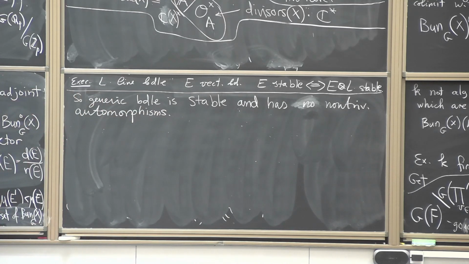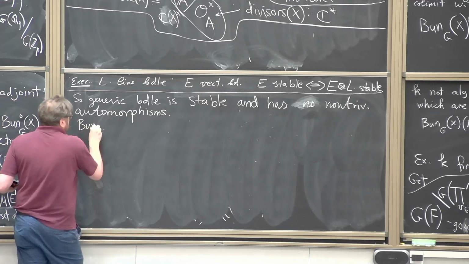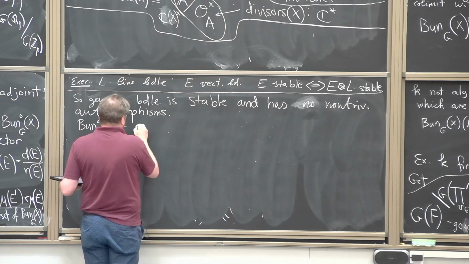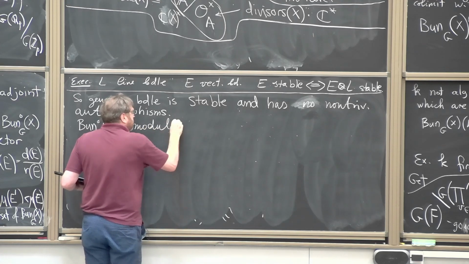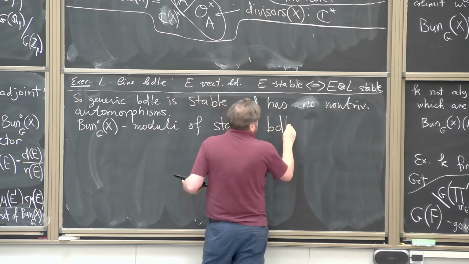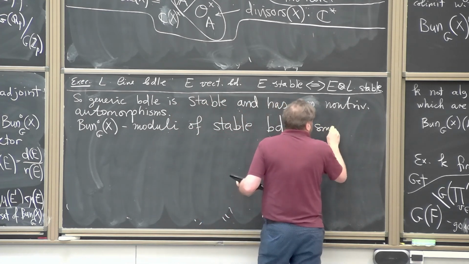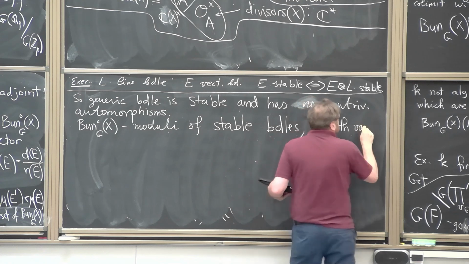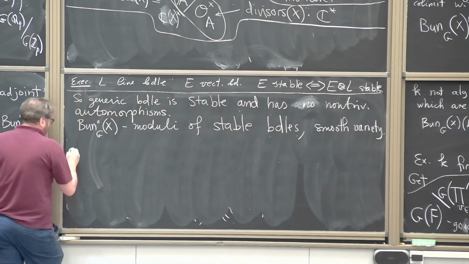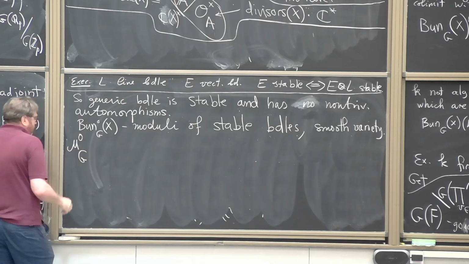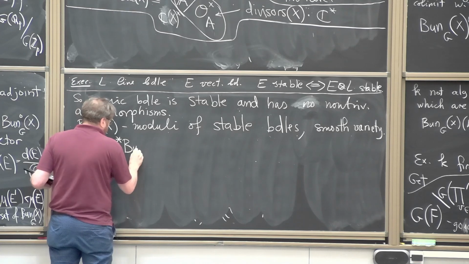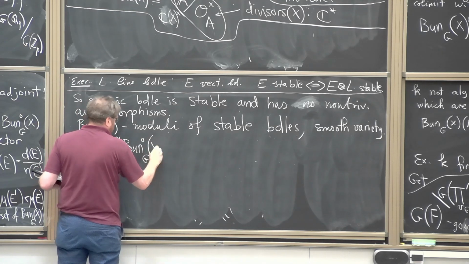And so this set Bun_G circle of X will denote the moduli of stable bundles, which is a smooth variety. And so one can consider, therefore, M_G circle, which is the cotangent bundle of Bun_G circle of X.